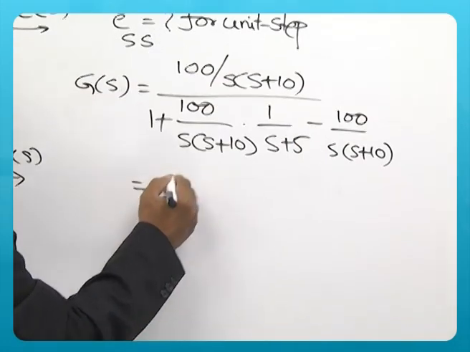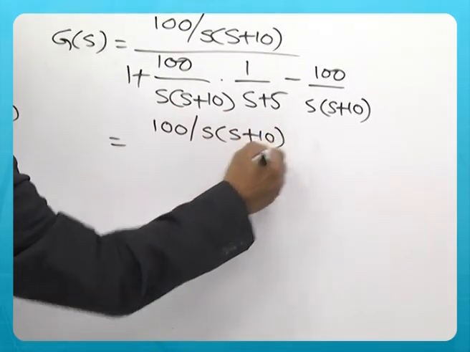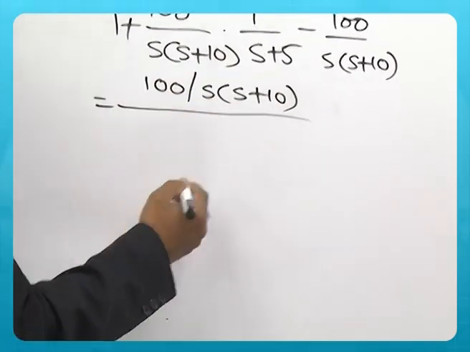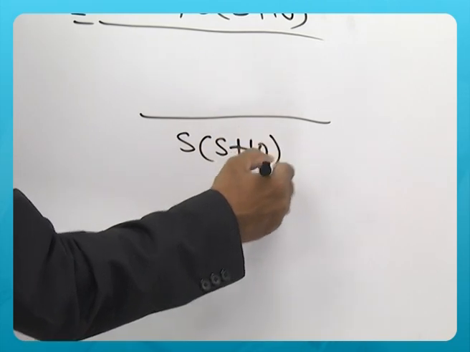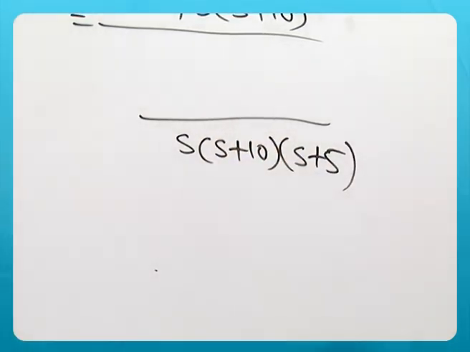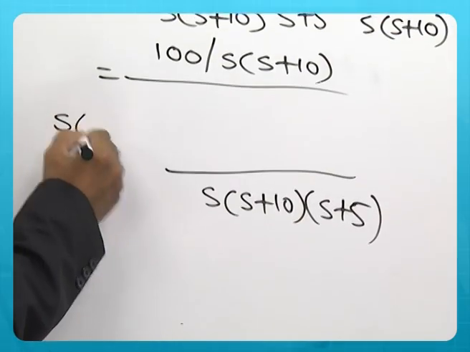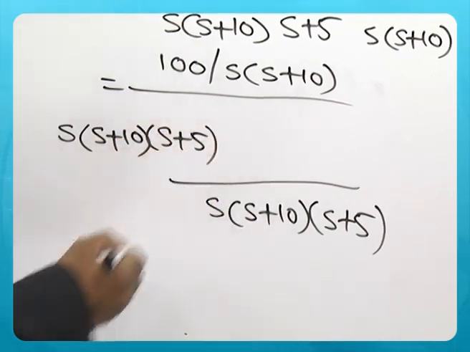You can see now, let us simplify this. s plus 10, no change in the numerator, and this LCM s into s plus 10 into s plus 5. So you have 1 here. So this s comes s plus 10 and s plus 5 as it is.